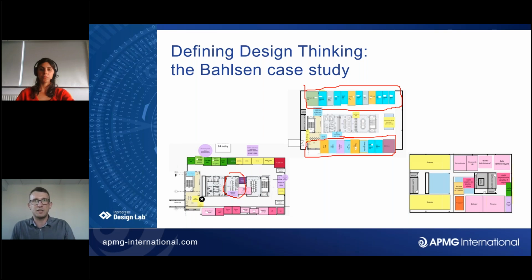So you can see on the slide that it's a very simple, very easy visualization. There was no architect in the team, so those were people who just put on paper the solution which addresses their needs.